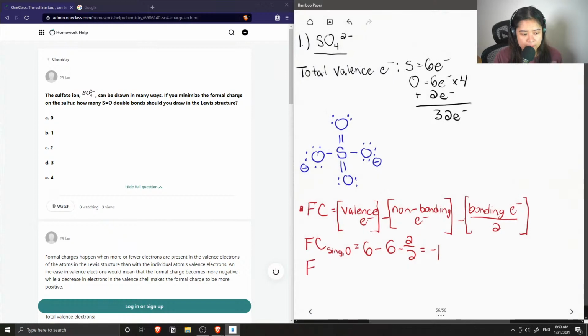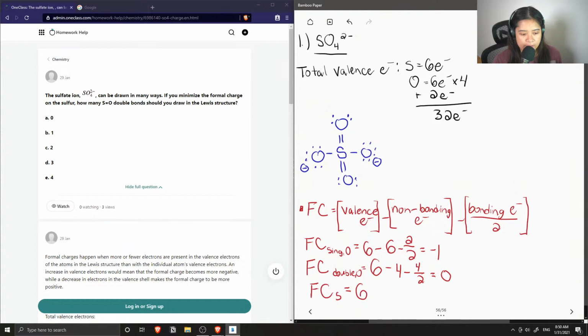Okay, so let's double check the formal charge of a double bonded oxygen. Again, there are 6 valence electrons in oxygen, and then double bonded oxygens have 4 non-bonding electrons, and they have 2 bonds, so it's 4 divided by 2, and they are neutral. So now let's check out the formal charge of the sulfur.